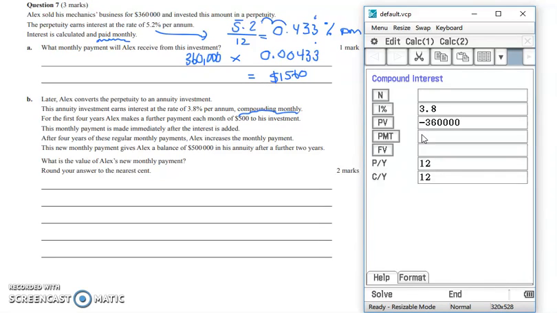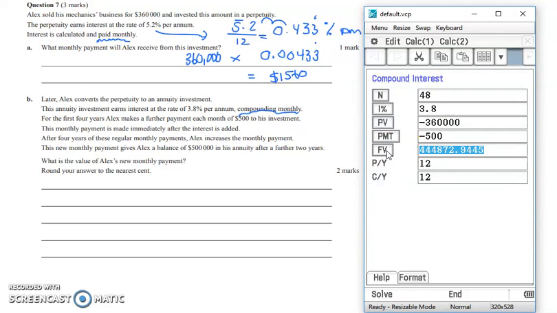So we can place in another negative because it's money out of our pocket into the investment. So it says for the first 4 years, Alex makes these repayments. So this is our first part. We're working in terms of months. So 4 times 12 is 48, and we are left with one field of information.